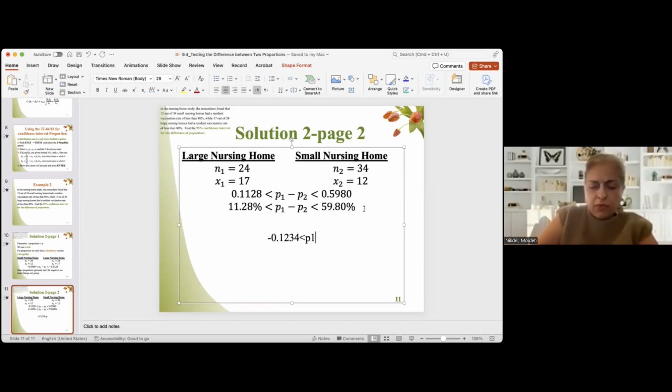less than, let's say, p1 minus p2, less than 0, okay? You end up with an interval like this, or negative 0.1234, comma 0, okay? If one number is negative and the other one is 0, all you do is the following.